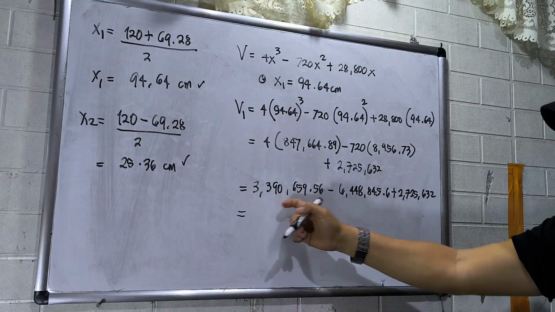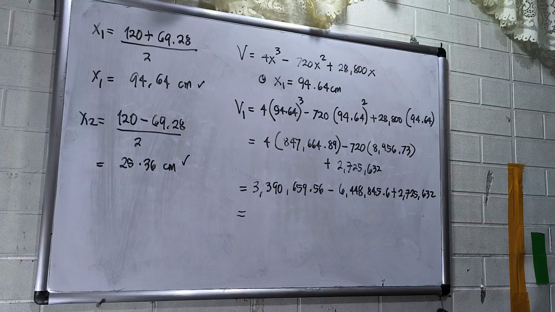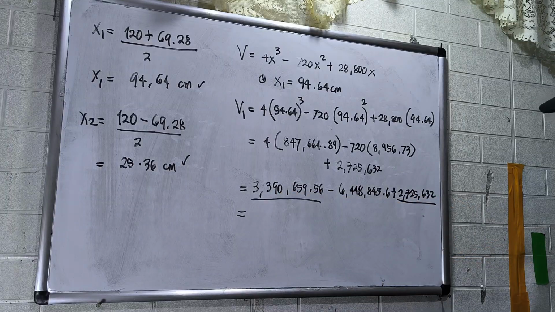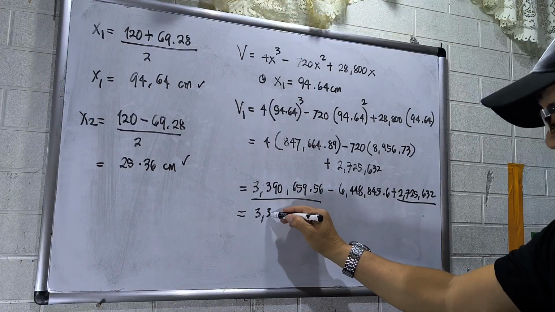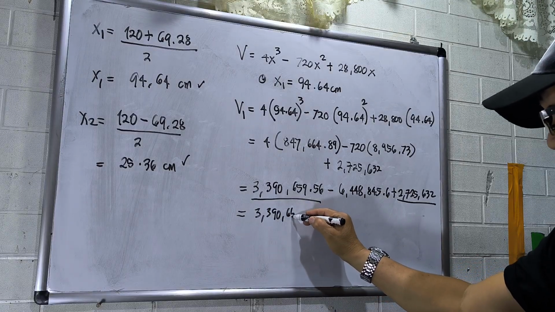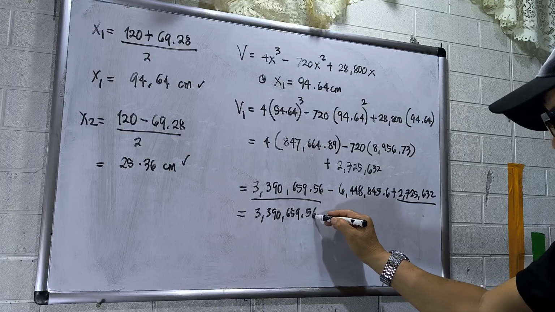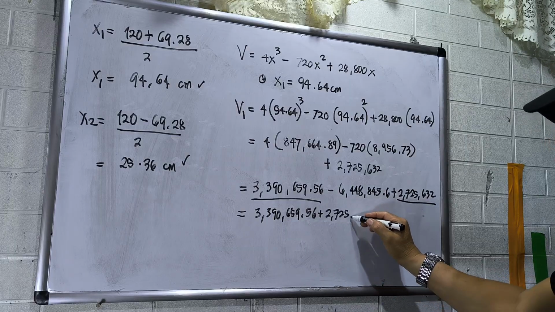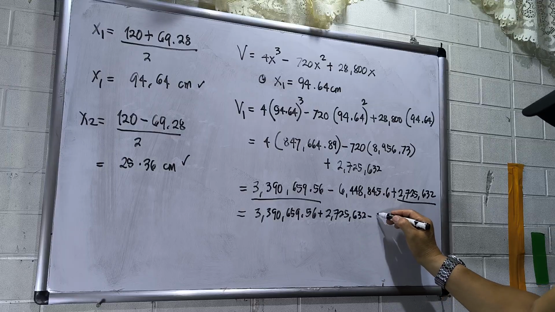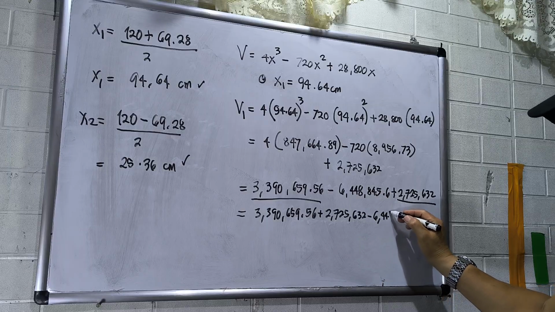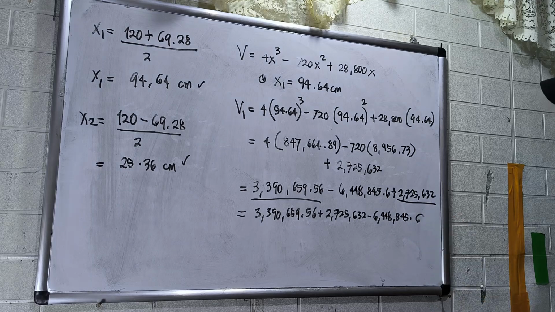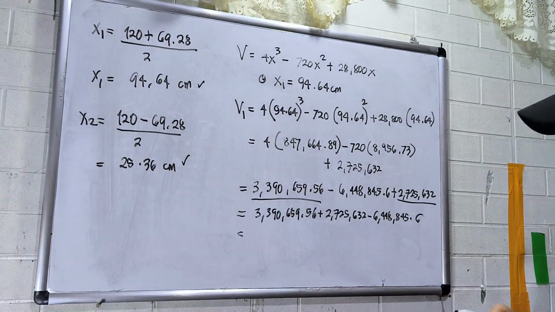As we know, we have to combine first the positive signs. This one and this, 3 million. So this will be 3,390,659.56 plus 2,725,632 minus 6,448,845.6.